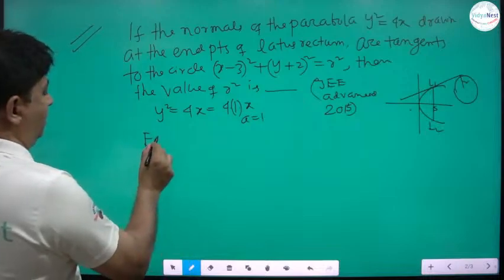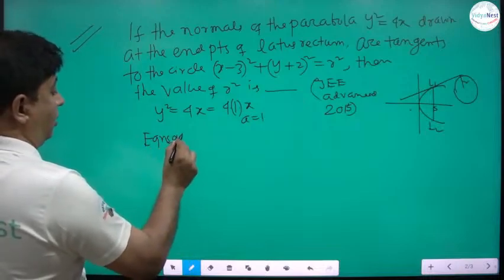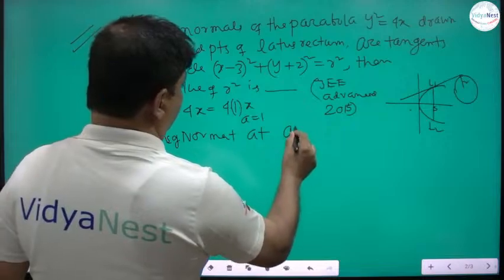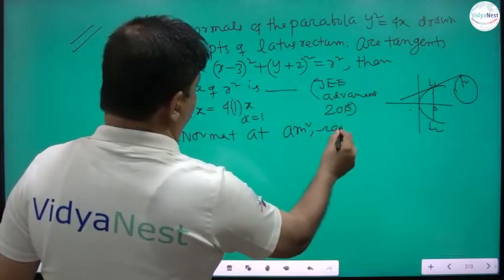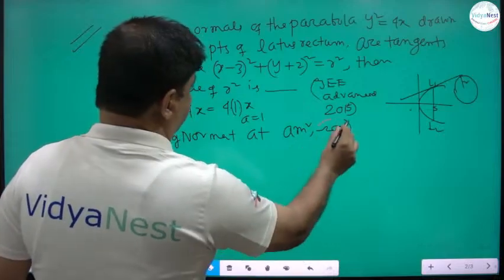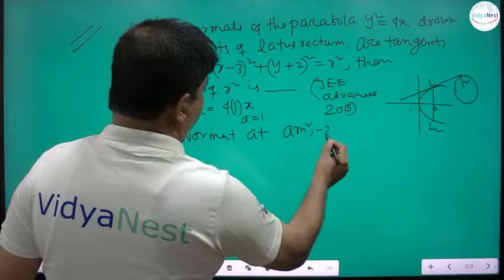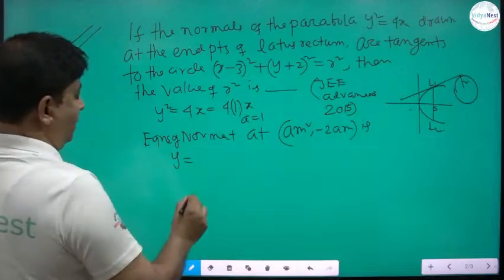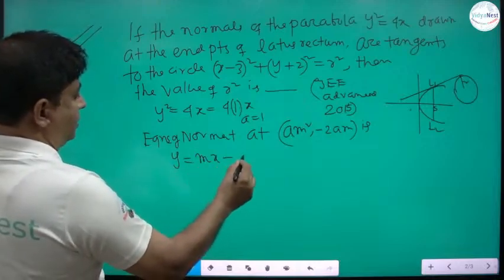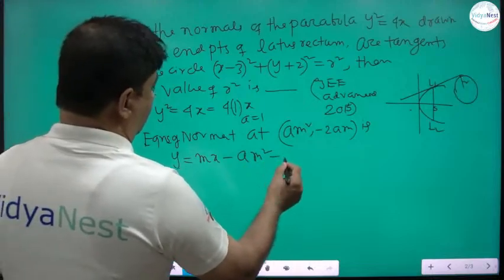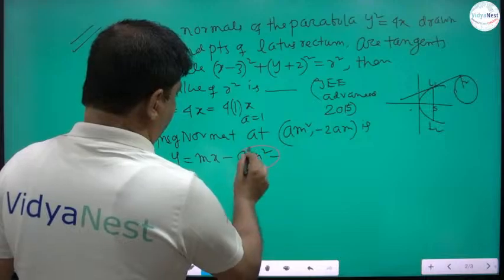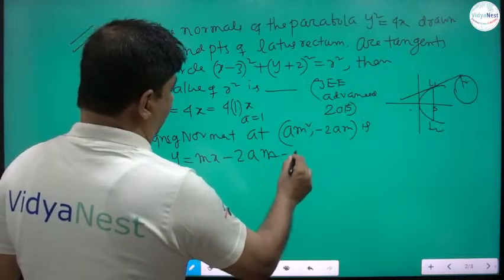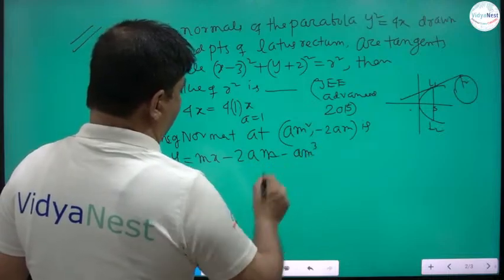So the equation of the normal at (m square, minus 2m) is y is equal to mx minus 2am minus am cube, that is mx minus 2m minus m cube.